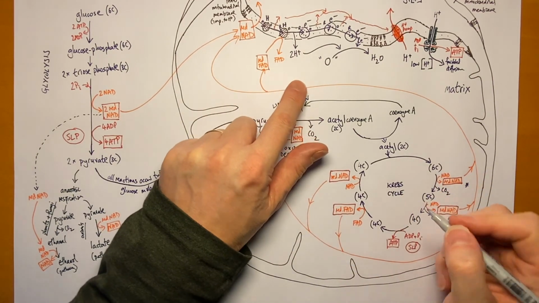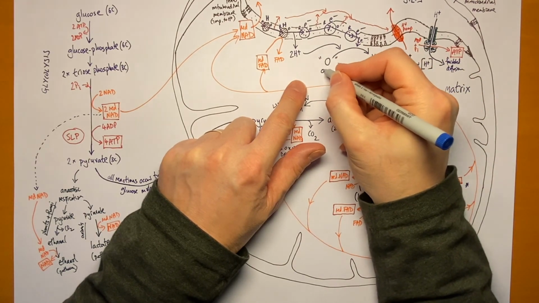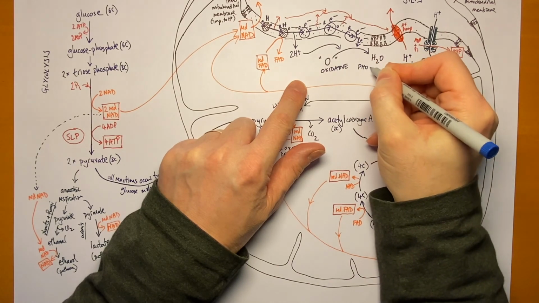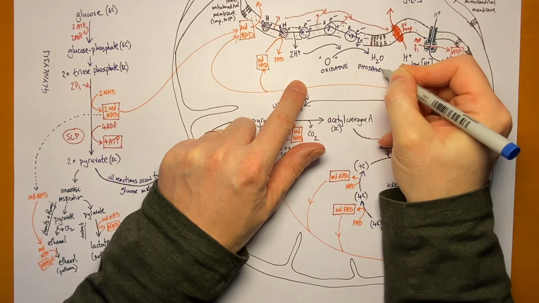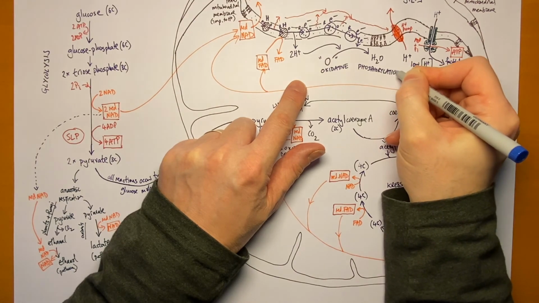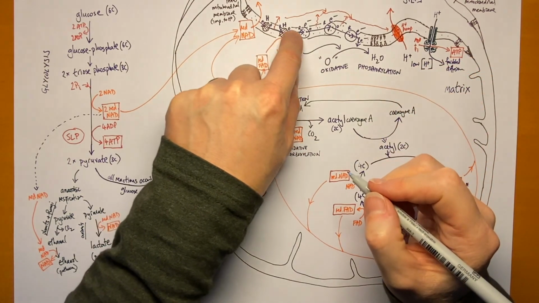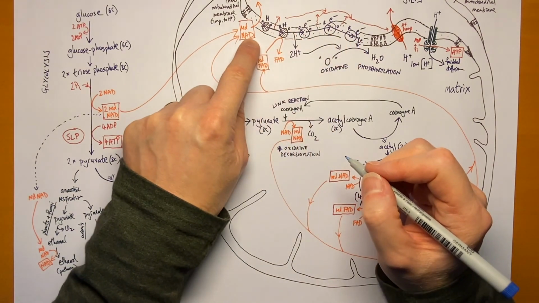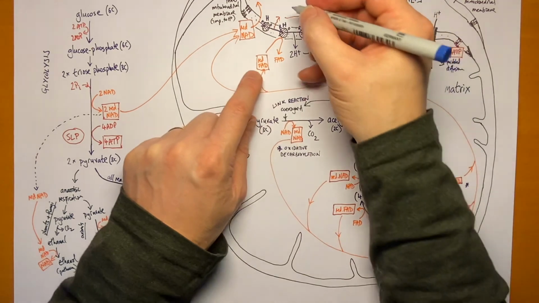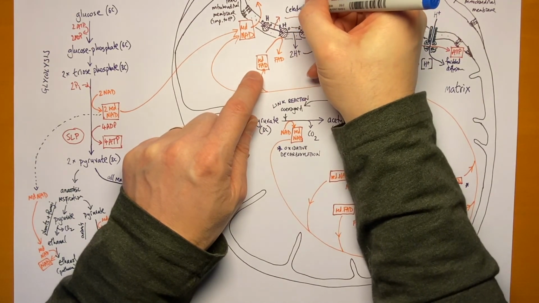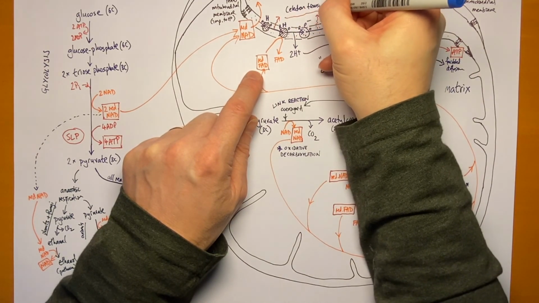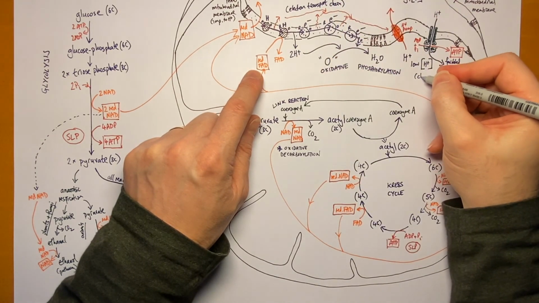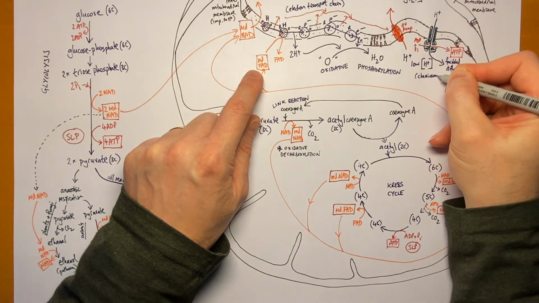And then here we've got oxidative phosphorylation. And these here are often called the electron transport chain. And this, of course, is chemiosmosis.